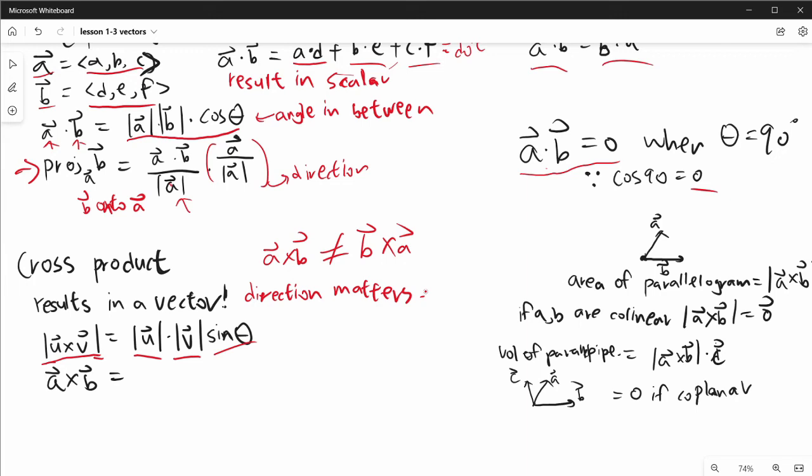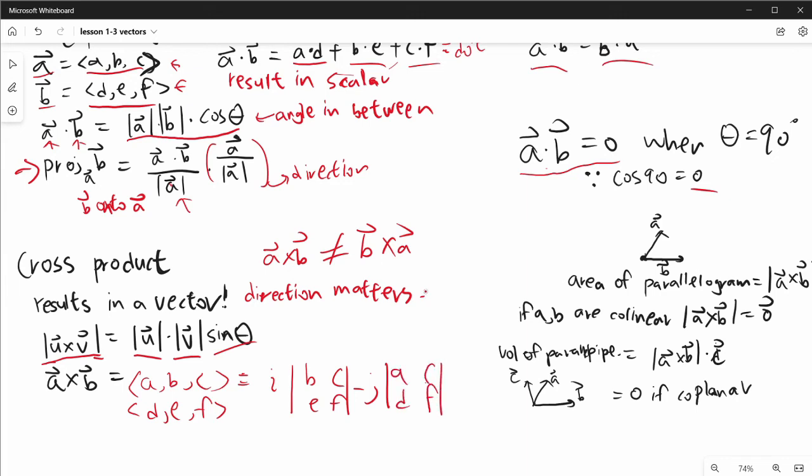Going back to vector A and vector B, the cross product is when you have A, B, C and D, E, F. I usually write it out in this way: I is the unit vector of the first component, times, I ignore the first column and write it in matrix form, and minus j being the second component, ignoring the second column, plus k, ignoring the third column.